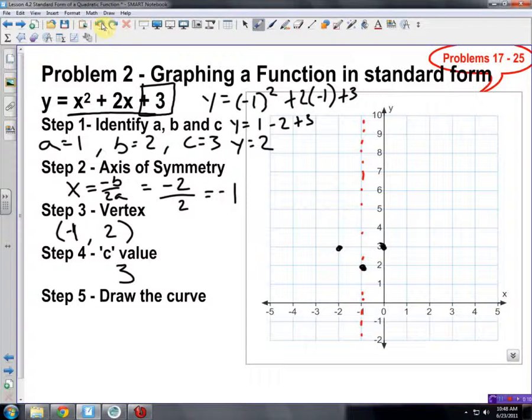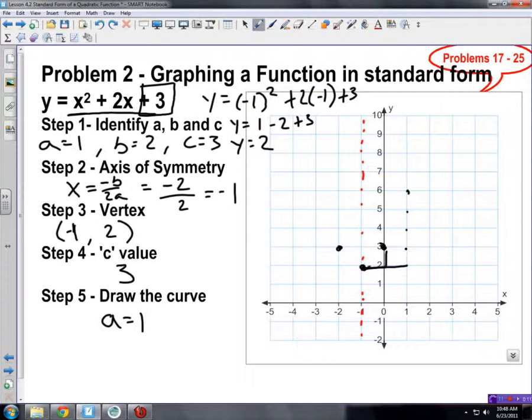So it's symmetrical. And again, remember I said the A value works the same. So when I draw the curve, I know the A value is 1, which means I'm going to be doing squares here. If I go over 1, I go up 1 squared, which is 1. If I go over 2, I go up 2 squared, which is 4.